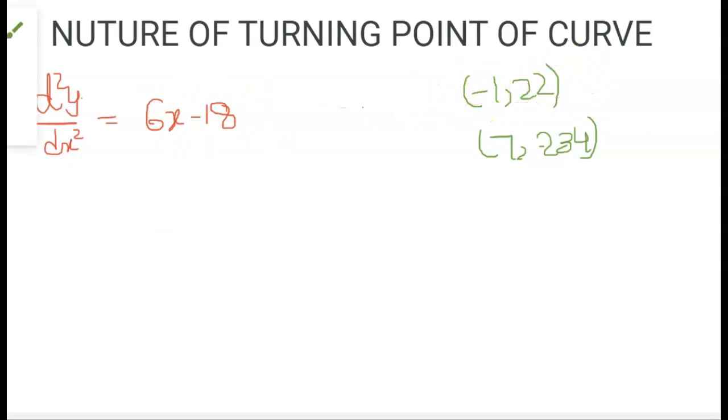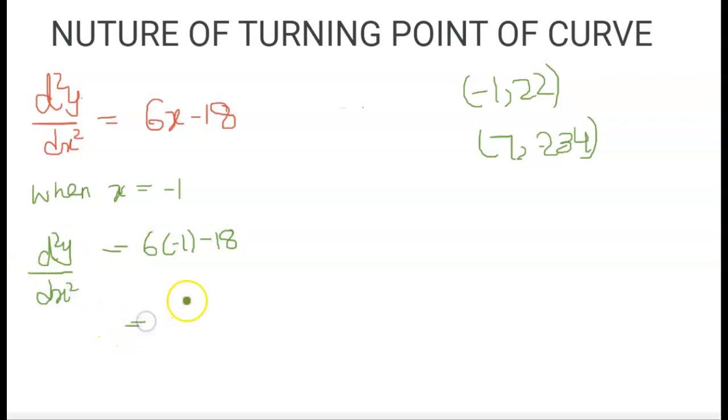When x is minus 1, that's an x, by the way, x is minus 1. So 6 times minus 1 minus 18, and that will give me d squared y over dx squared. And that value will be how much? We don't care about the value of that one. We just look at whether it's positive or negative.